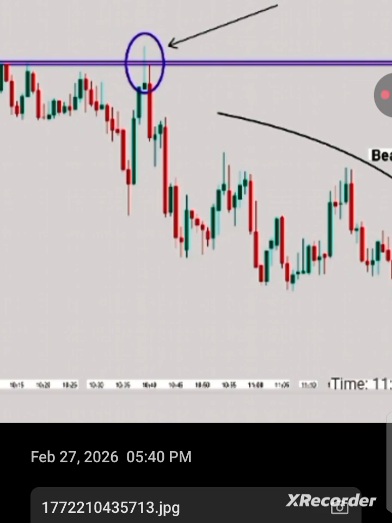The higher time frames do not work without the help of the lower time frame. The higher time frame gives the order and the lower time frame executes it.